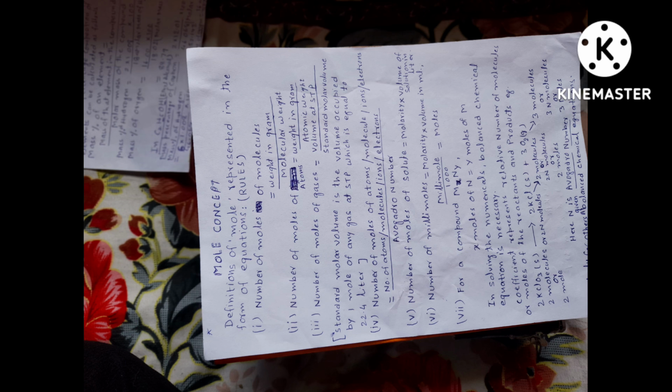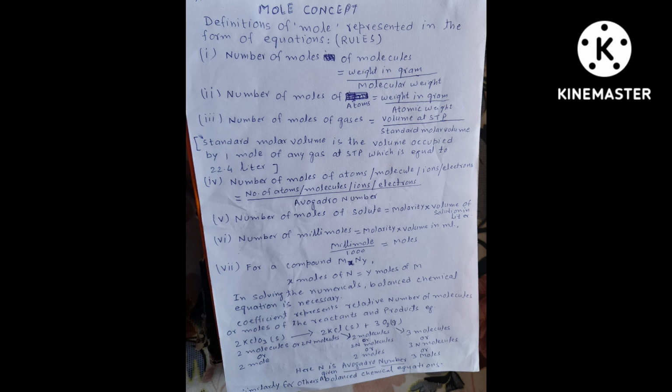Then suppose the balanced equation is like this: 2KClO3, which is solid, gives 2KCl, potassium chloride, which is again solid, so you write (s) in bracket, plus 3O2. O2 is gas, hence in bracket you write g.